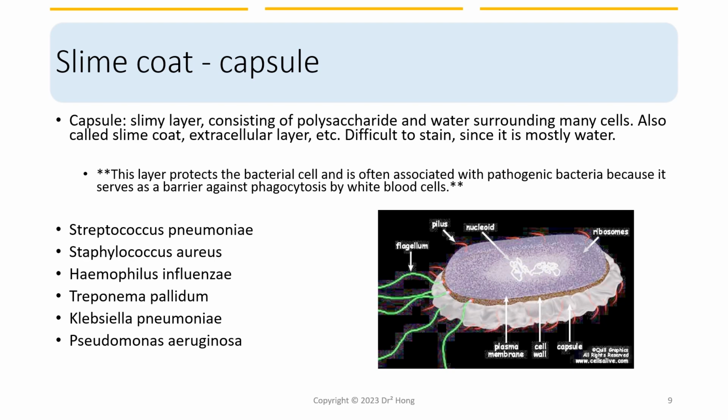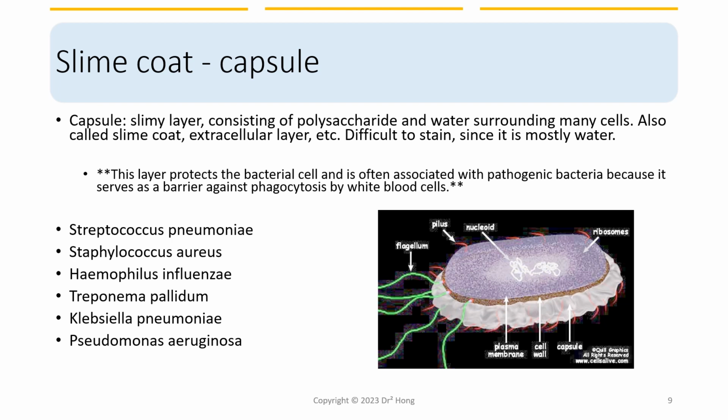S. aureus and a few other bacteria species evade our immune system by having a capsule. It is a slimy layer consisting of polysaccharides and water surrounding many cells, also called slime coat, extracellular layer, and so on. It is difficult to stain, since it is mostly water.